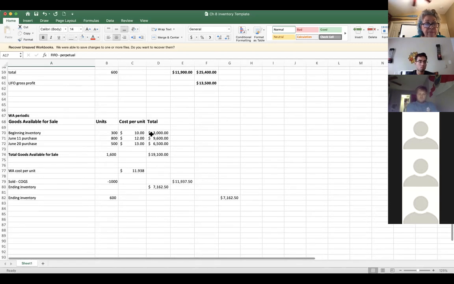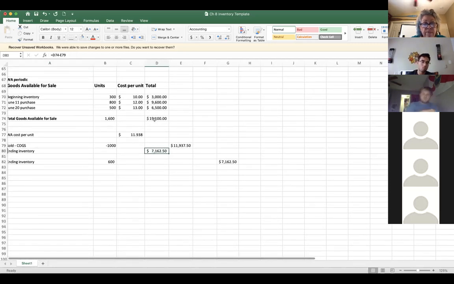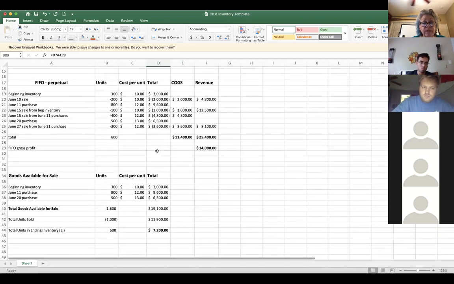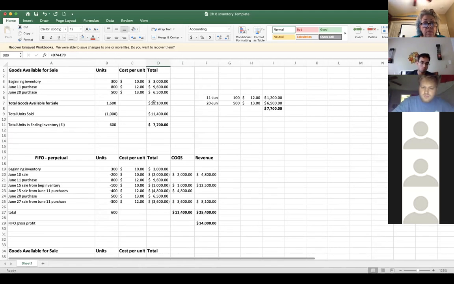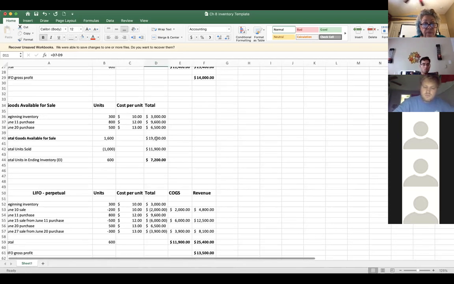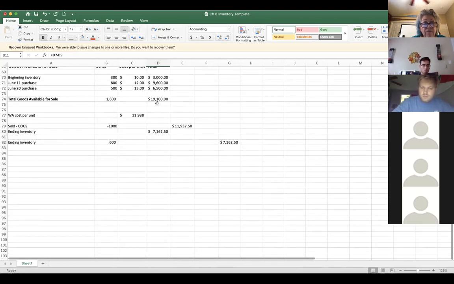Oh, weighted average. Okay. Remember, if I take the total cost available for sale and I subtract cost of goods sold, you get ending inventory, just like we did for LIFO and FIFO: goods available minus cost of goods sold equals ending inventory. So under weighted average, goods available minus cost of goods sold gives me ending inventory.